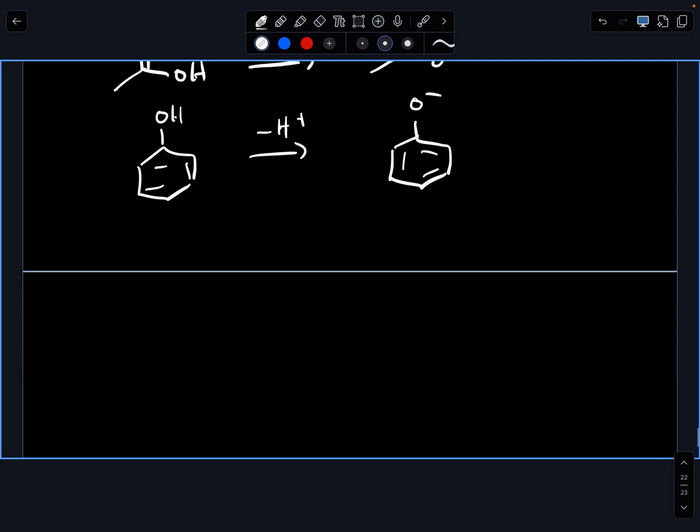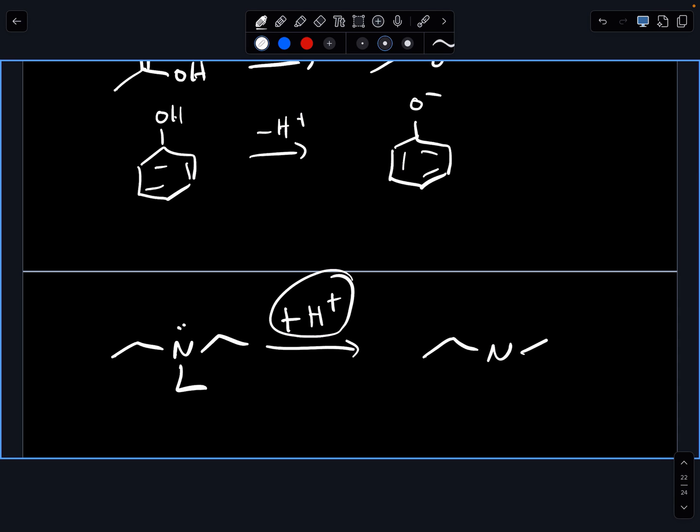For amines, though, what makes them different is they don't have an H plus to take away. They gain an H plus. They react with an acid to make a cation. So they need to be put in low pH, in acid, to protonate them and turn them into a cation, because it doesn't matter if they're plus charged or minus charged. They just need to be charged to be soluble in water.